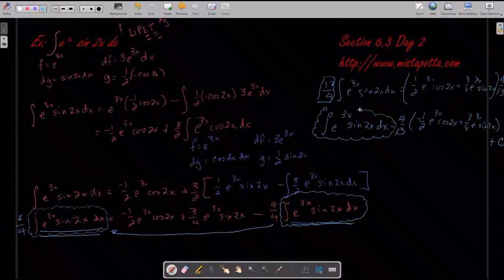Well, it's equal to 4/13 of this parentheses plus c. So this is the technique that we see whenever we have exponentials and trigonometrics together. It's not a pleasurable experience, but it's definitely something we need to be aware of.